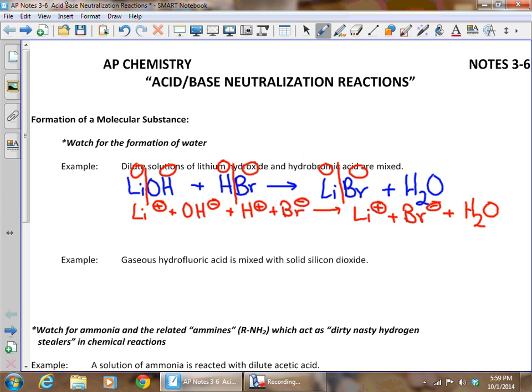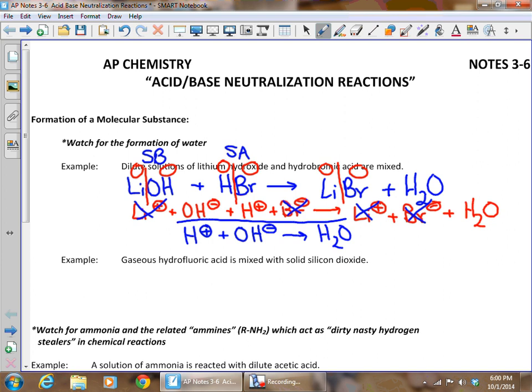Looks like we're dropping out the lithium ion and the bromide ion. And just as we get for every single strong base and strong acid reaction, I'm going to rearrange it a little bit because I like it better this way: H plus OH minus yielding H2O. If you deal with a strong acid and strong base, you don't have to go any further. You can just write this down and you're done.